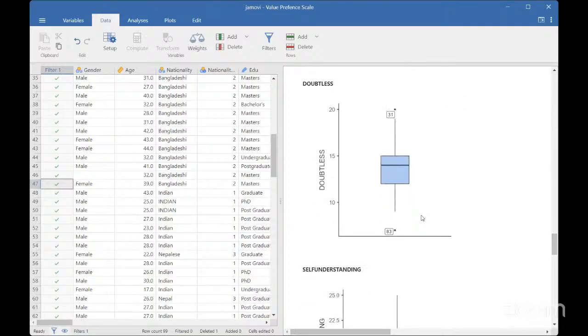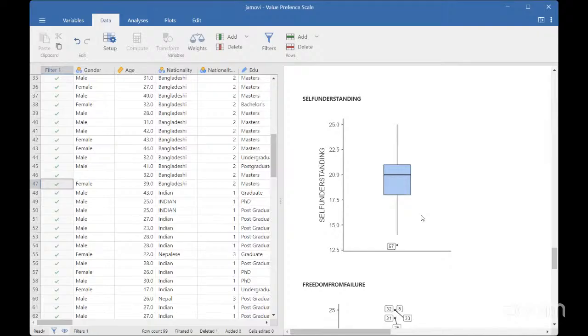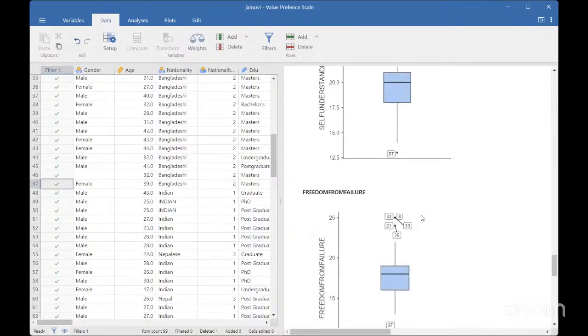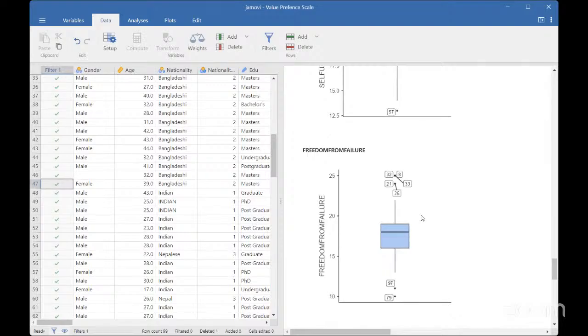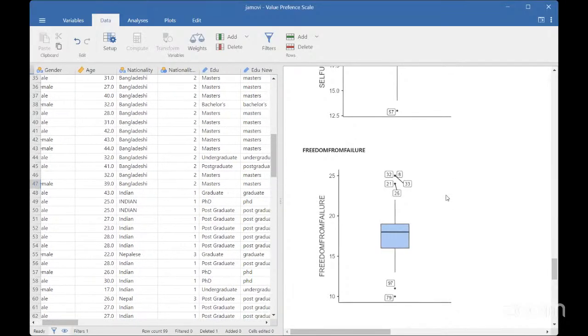Okay, go below. Self-understanding, 57. But freedom from failure, that is very high. 1, 2, 3, 4, 5. 5 individuals possess very high scores, whereas 97 and 79 received the lower score.